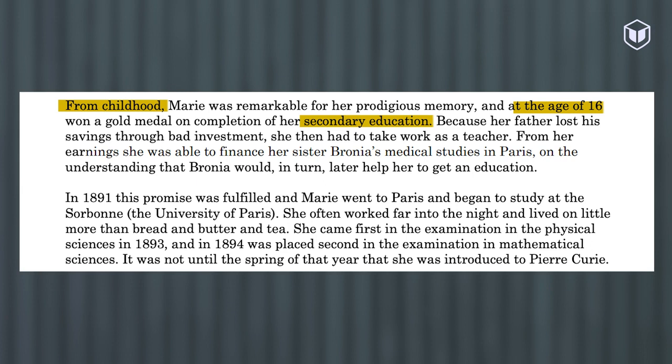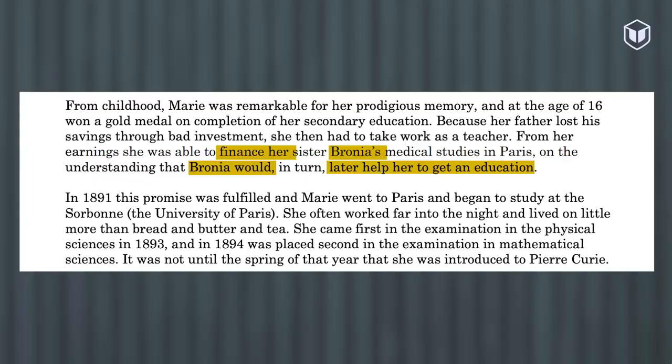From her earnings, she was able to finance her sister Bronia's medical studies in Paris, on the understanding that Bronia would in turn later help her to get an education. Now the passage says she was remarkable, had great memory, etc. But it does not state anywhere that she was interested in science. So my answer will be not given.